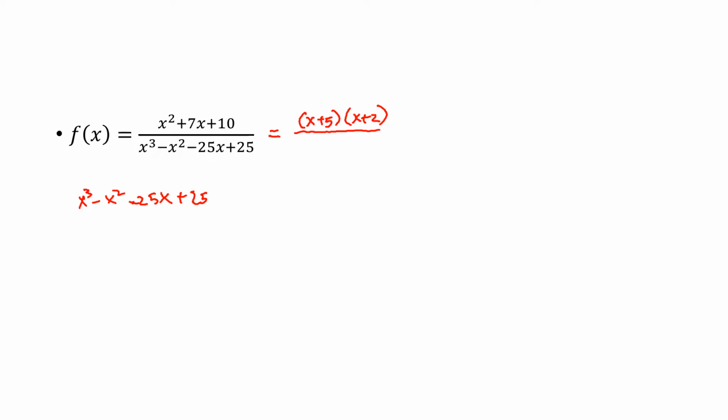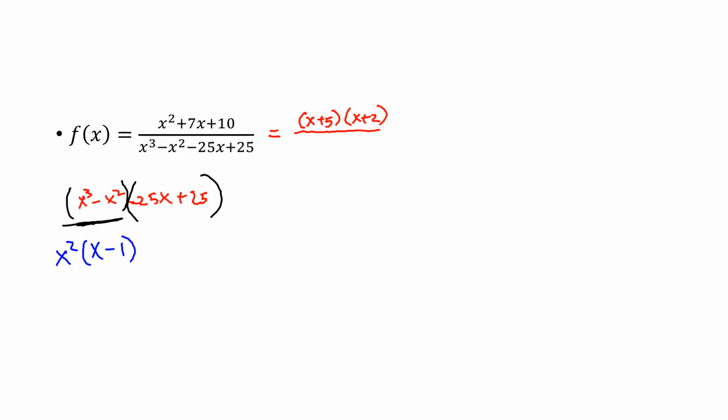So we could make two groups, the first group containing x squared and x cubed, and the second group containing the other two terms. Within this first group, we can factor out an x squared, so it'll be x squared times x minus 1.